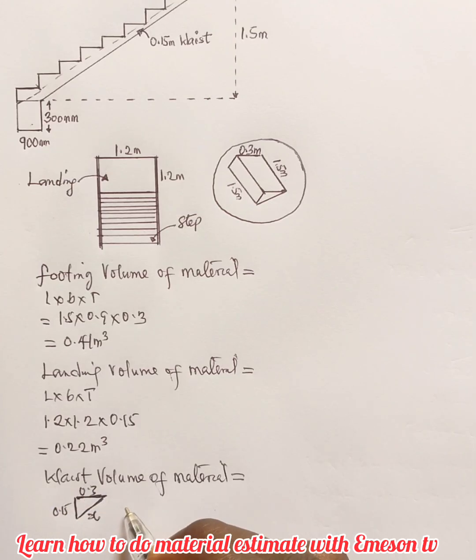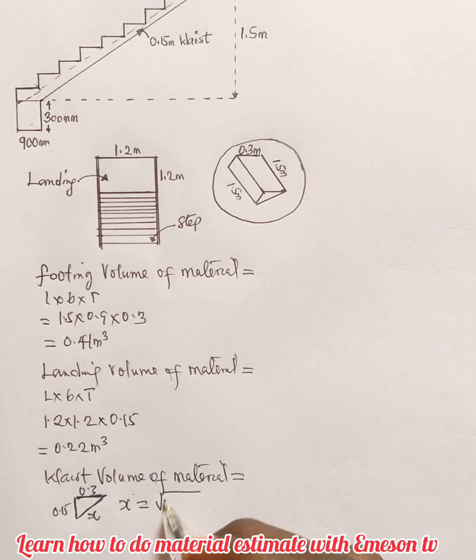By Pythagoras, this length s is equal to the square root of 0.15 squared plus this squared. So let's proceed. Here, 0.15 squared will give us 0.025, plus this will give us 0.09.